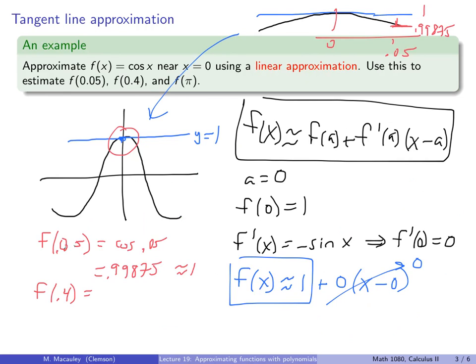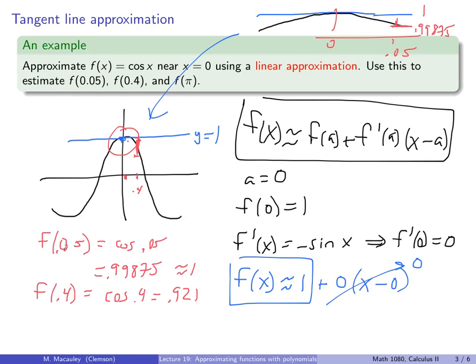Okay, so next, f of 0.4. This is exactly equal to cosine of 0.4. Now we're getting further away from 0. The other one was really close to 0. So we can see that our approximation is going to be a little bit worse. We're going to have bigger error. So cosine of 0.4, it's not going to be that bad. If you do the math, I did this ahead of time, it's 0.921.